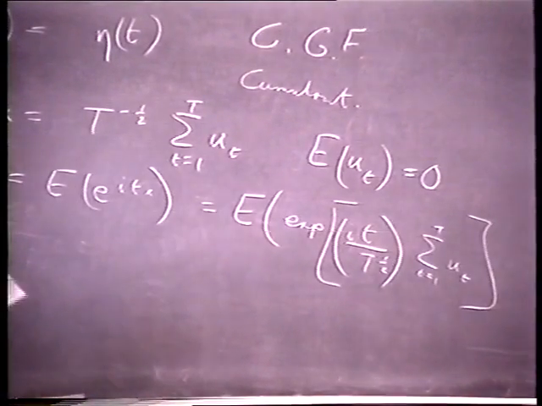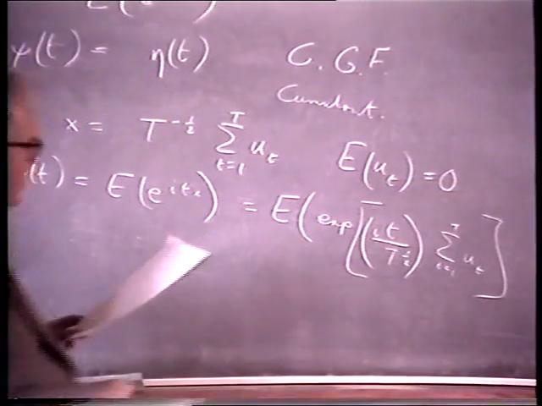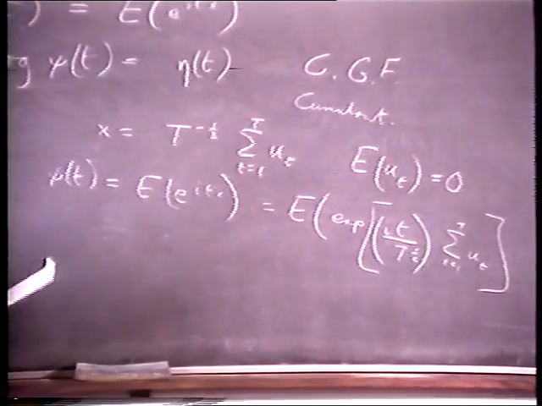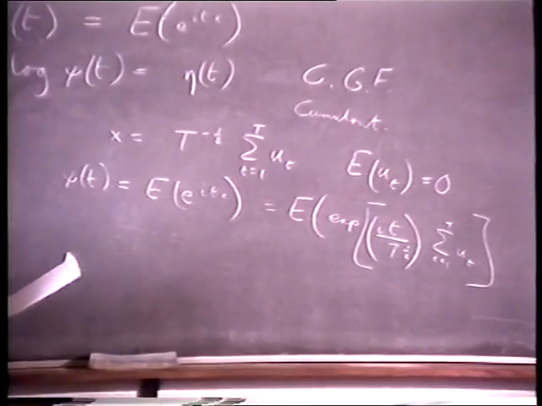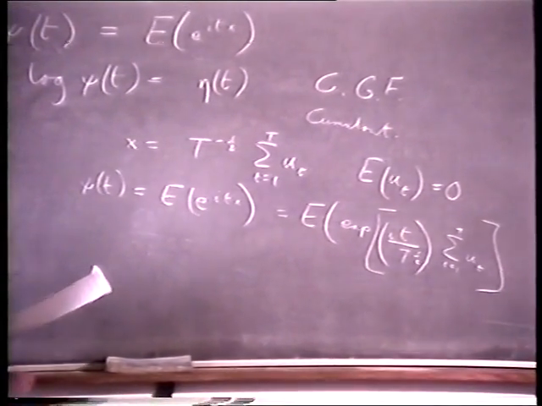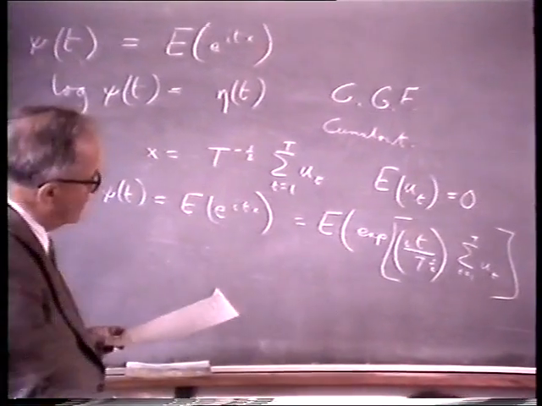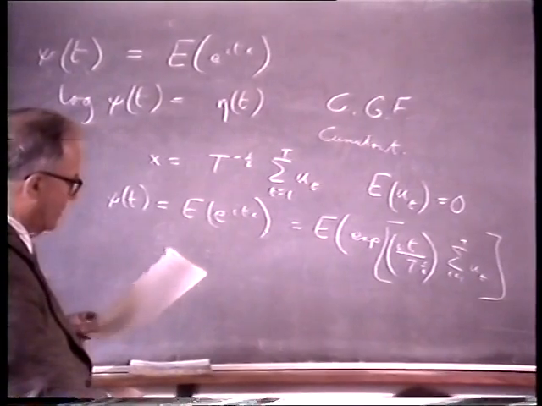But now, of course, what we have is a product of a set of independent stochastic variables as soon as we take the exponential as the product of the individual terms in the sum.